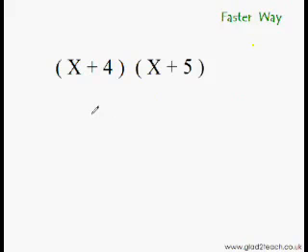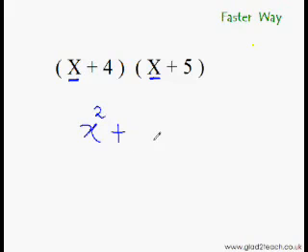Okay, so now you quickly multiply these two algebraic expressions. So once again, multiply the first term with the first term to get the first term of your answer. x times x is x square.